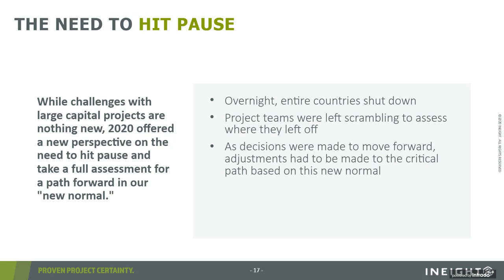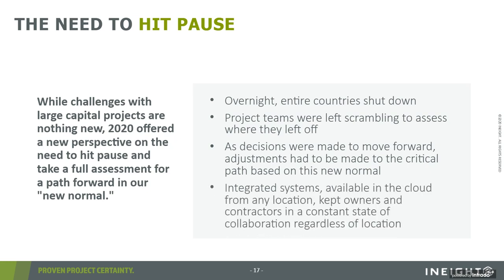those decisions largely depended on how much access to the information you had, and more importantly, how much access to the information you had from anywhere, right? If the systems were behind firewalls or were on premise or were difficult to get to or were still on paper, it was a difficult way for owners and contractors to stay in a constant state of collaboration.